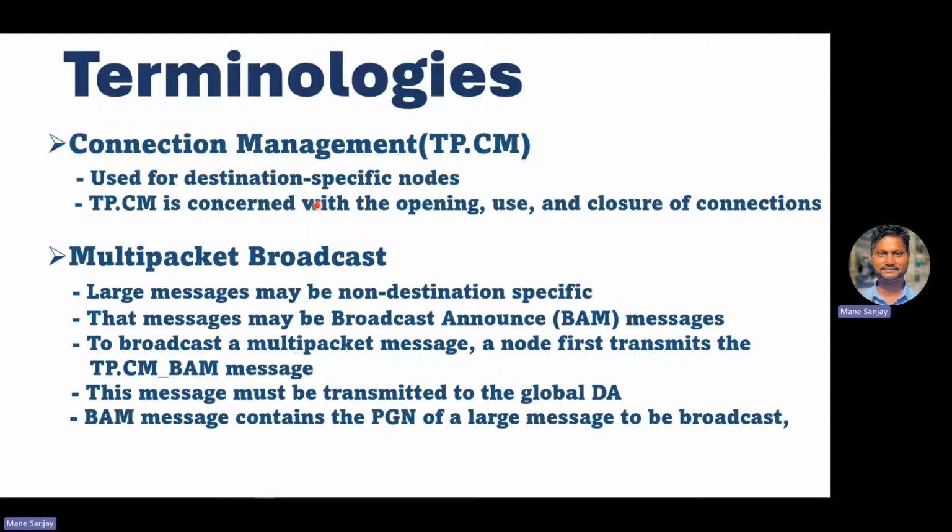The broadcast announce message contains the PGN of the large message to broadcast, its size, and the number of packets. But how this message is transmitted into the network, I will cover shortly.